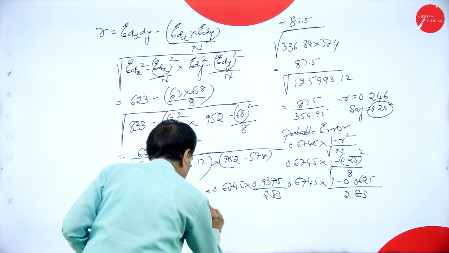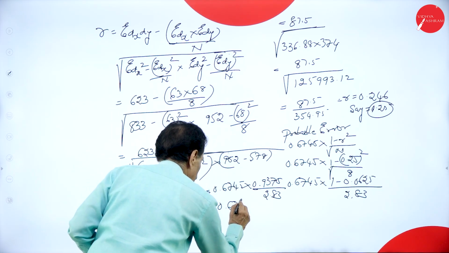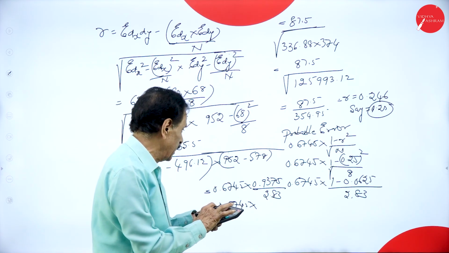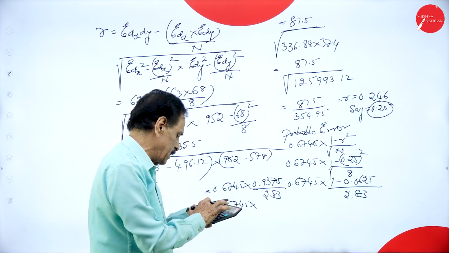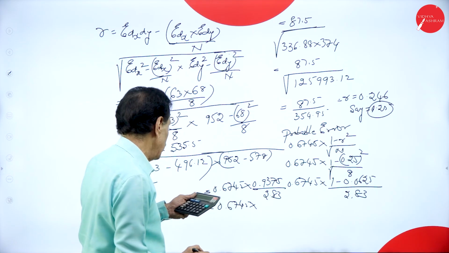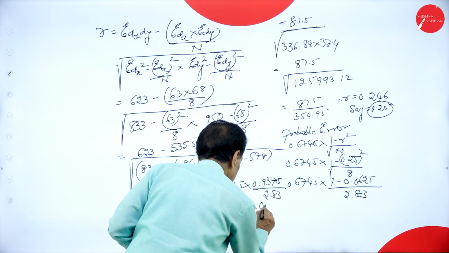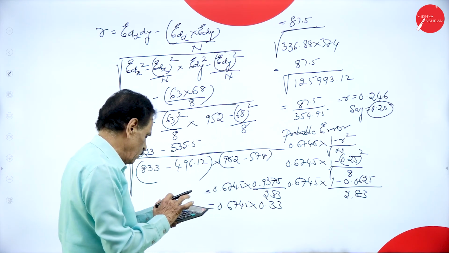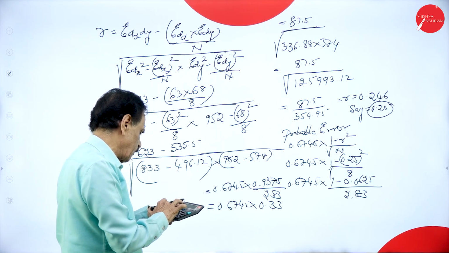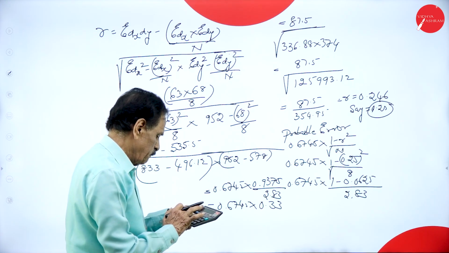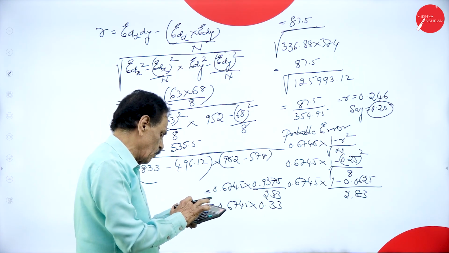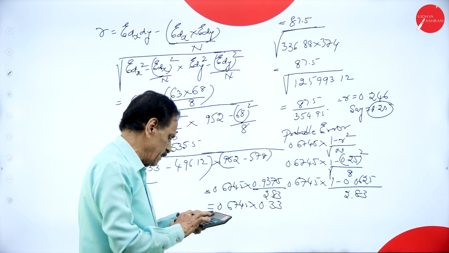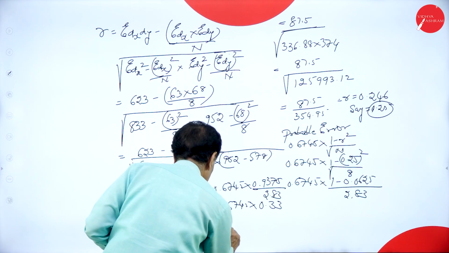Combine: 0.6745 into 0.9375 divided by 2.83, that is 0.33. So 0.33 into 0.6745. I'll repeat, 0.6745 into 0.33 is 0.22.